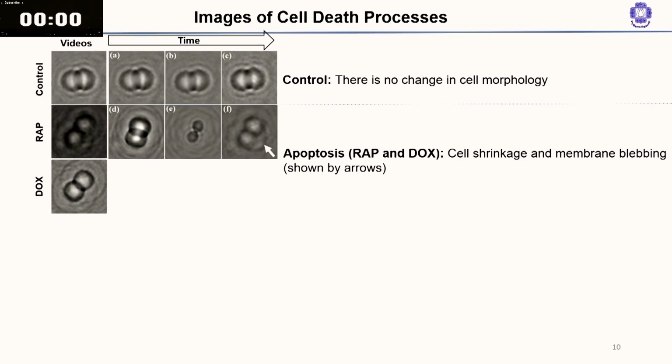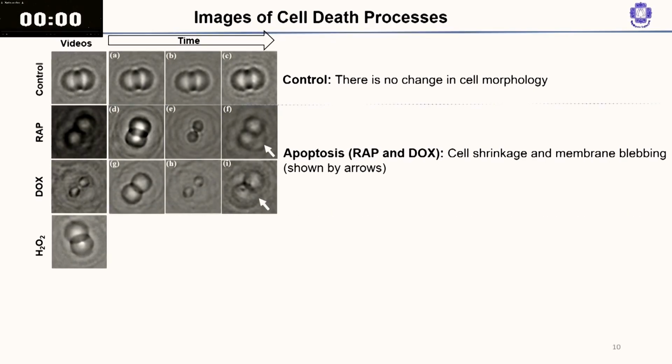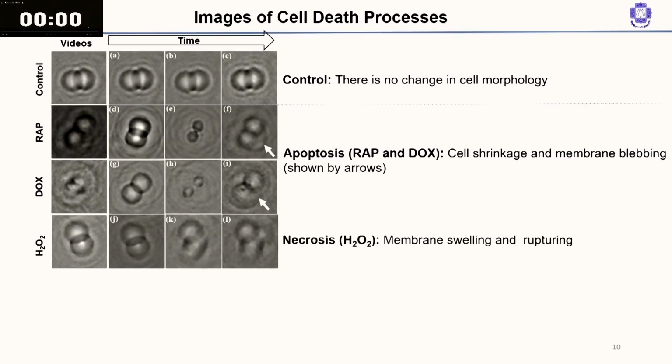Again, with another common drug, doxorubicin, we can monitor it over time. The cell is shrinking and bursting. This is also apoptotic cell death. If you use hydrogen peroxide, which I think everyone knows is a very devastating thing, look here: cytoplasmic fluid is coming out of the cell, all of the components are coming out of the cell, and we can image this with our microscope.